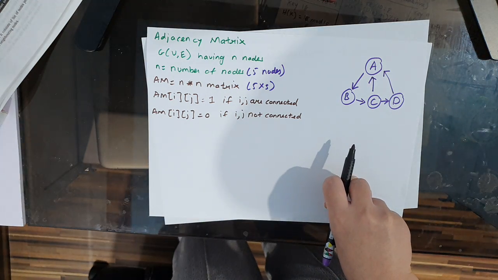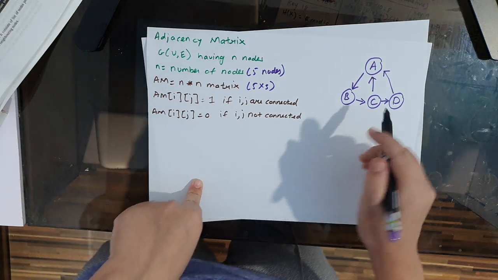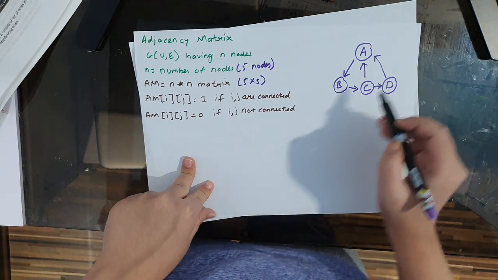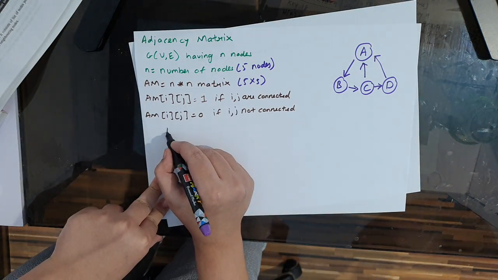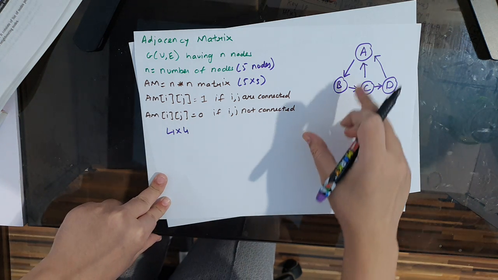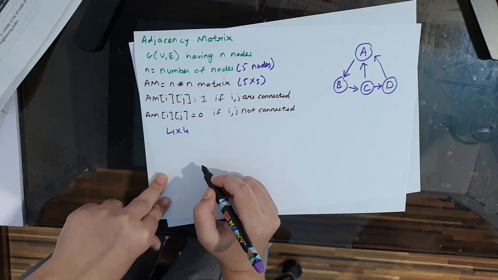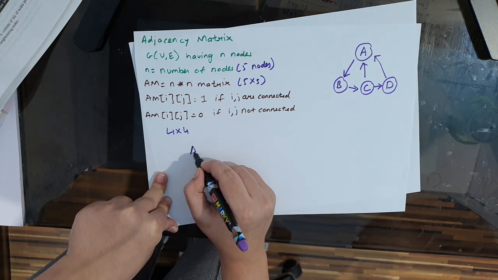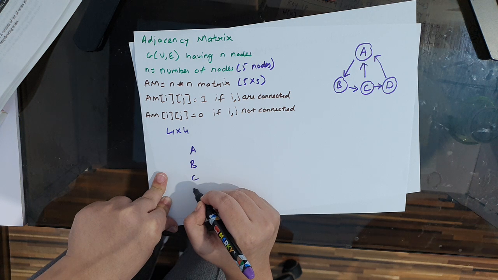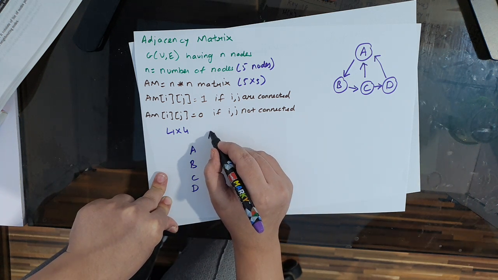So here is the graph that we have. Now let's prepare our matrix. We have basically 4 nodes, so 1, 2, 3, 4. So our matrix is going to be 4 into 4. And the names of our nodes are A, B, C, D. So let's go for it. We are going to make a 4 by 4 matrix. A, B, C, D, that's going to be our column.